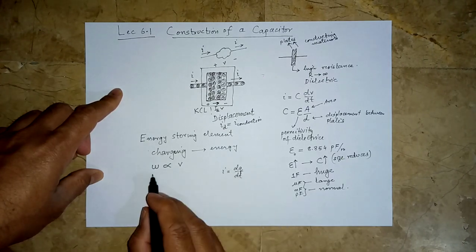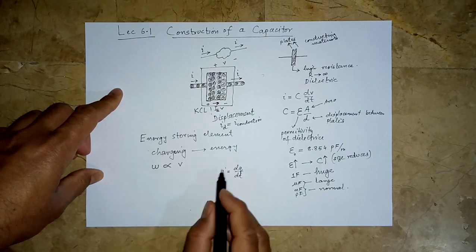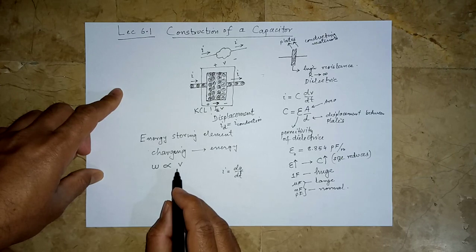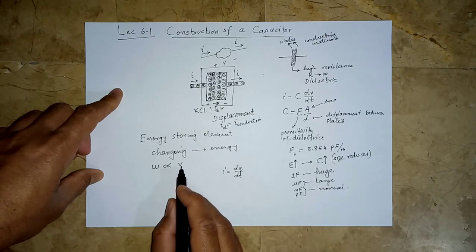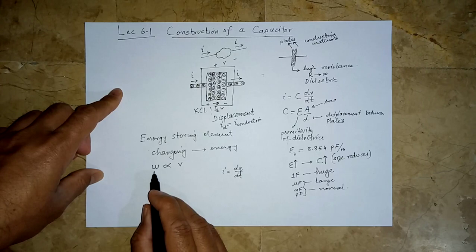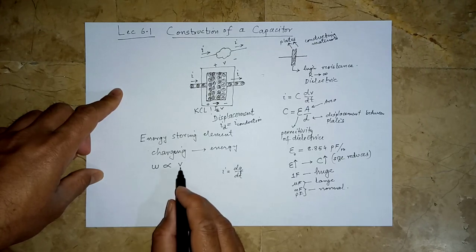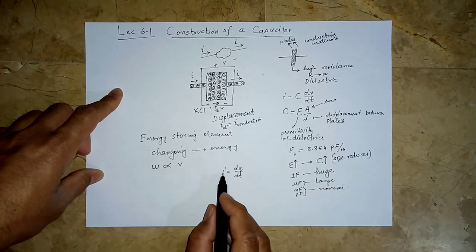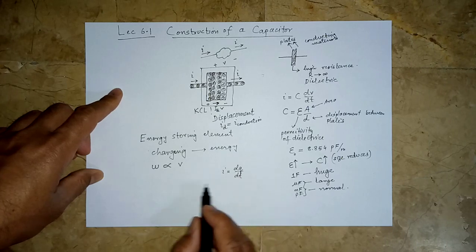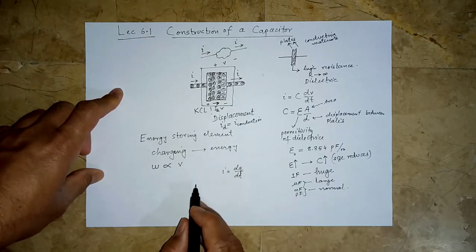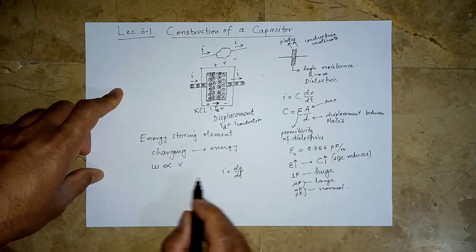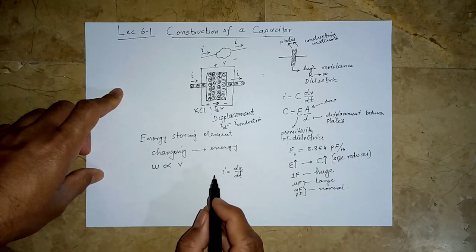We will see later that the energy stored in the capacitor is related to the voltage across it. If we have zero voltage, no energy is stored. To increase the energy stored, we need to increase the voltage. For that, we have to supply more current, or more charge is stored. We are going to come across these expressions later on, and we will have better relationships between these quantities for the case of a capacitor.